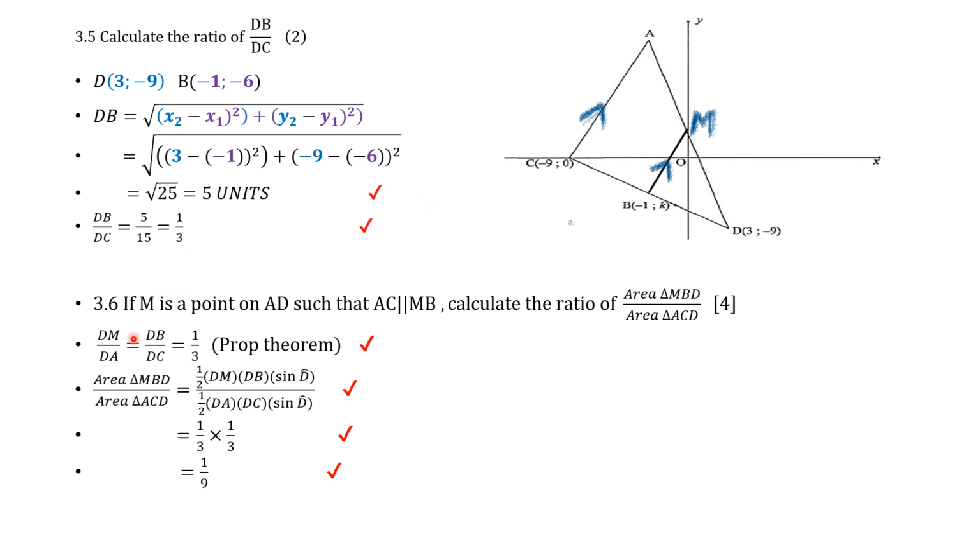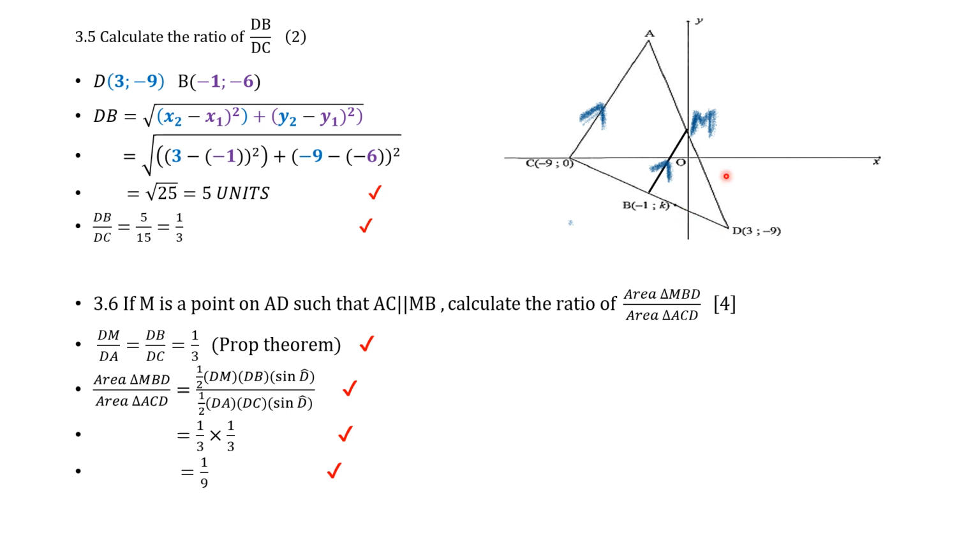Now 3.6, they say if M is a point on AD such that AC is parallel to MB. So they have put in the M, right? I should put it there, but it just wouldn't look right, so I just shifted it a little bit to show you the concept. So those two lines are parallel. If those two lines are parallel, automatically, according to the proportionality theorem, AM over MD must equal CB over BD, or AD over MD must equal AC over BD.